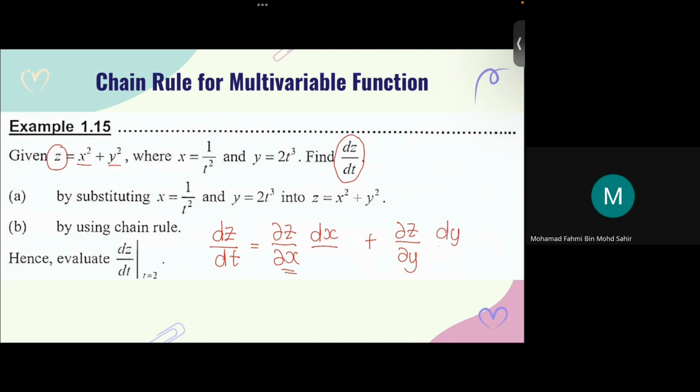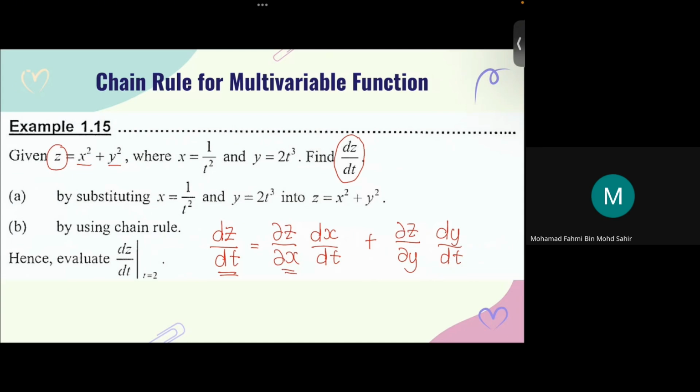The term that we want is dz/dt, so I will put a dt here. So this is how the chain rule equation is formed. By referring to this equation, you'll be able to solve for the differentiations.